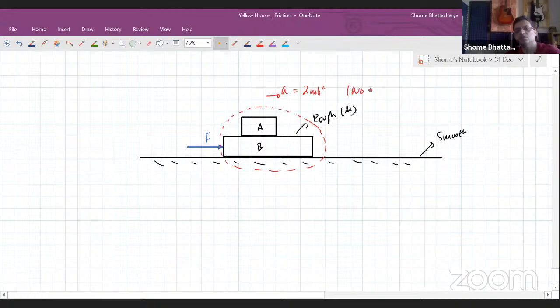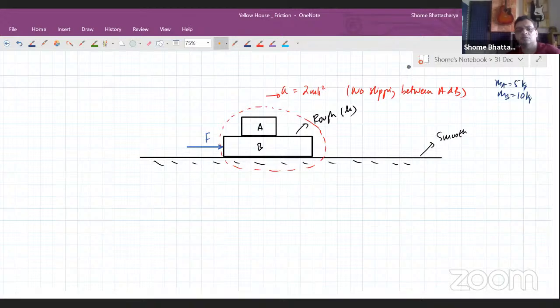There is no slipping between A and B. And of course, all this data is given to us: mass of A is 5 kg, mass of B is 10 kg.